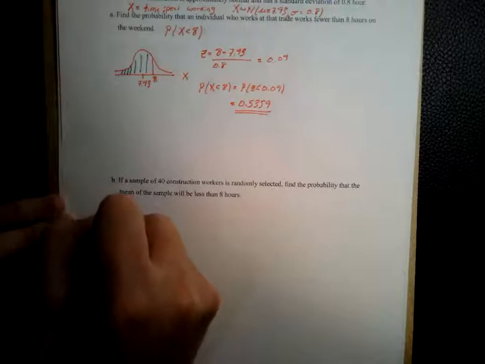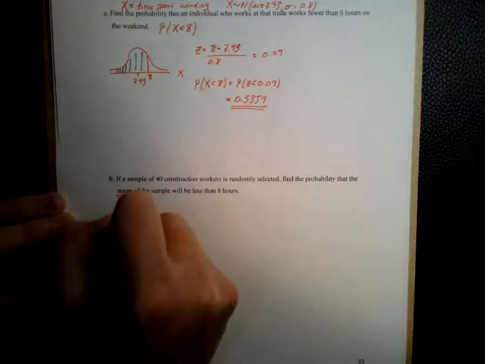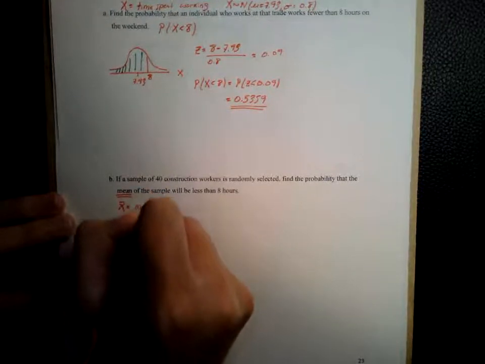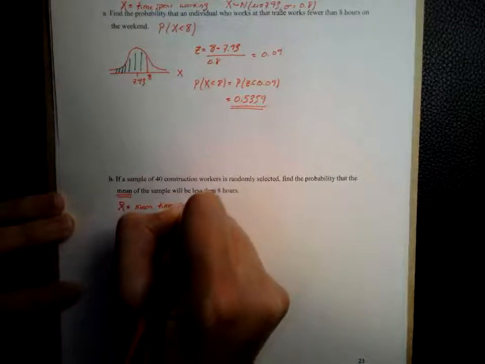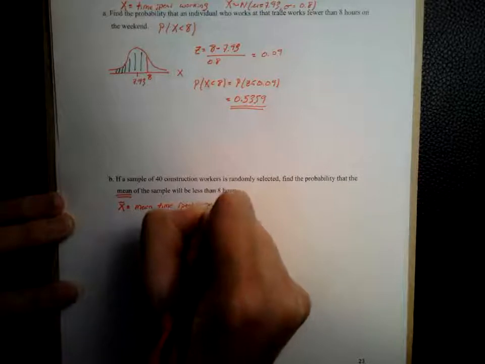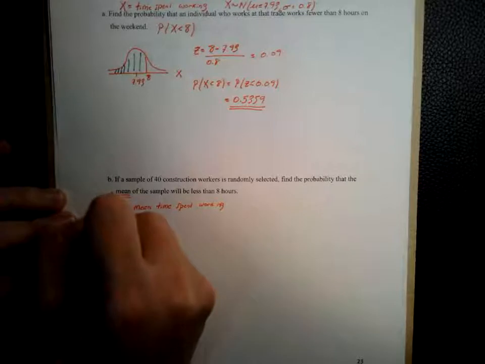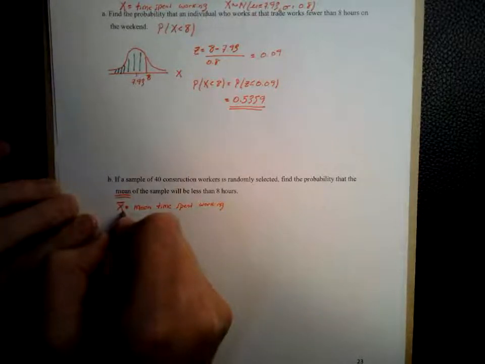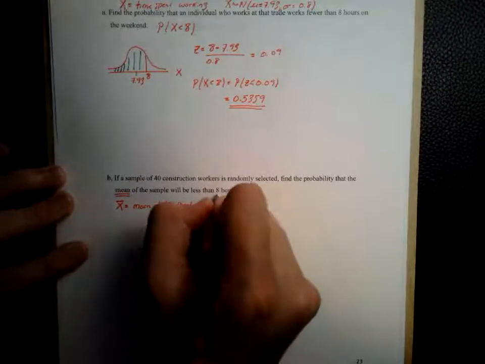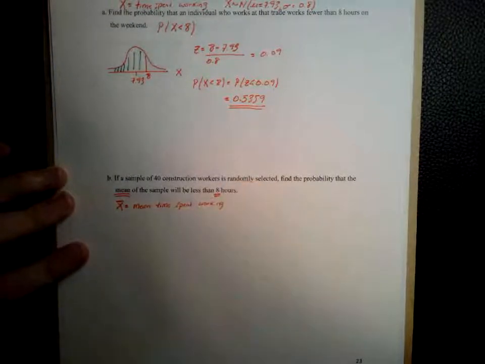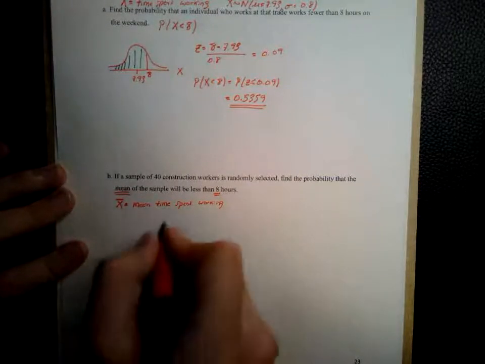Then in this case, x bar will be equal to the mean time spent working, and I want to emphasize here, this x bar is a capital X bar, and this is the random variable. The little x bar we'll look at here in a second will be 8. That's the sample mean we're interested in looking at, find the probability of it being less than that.